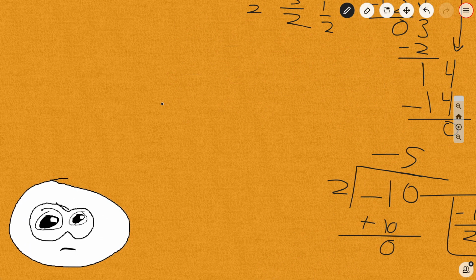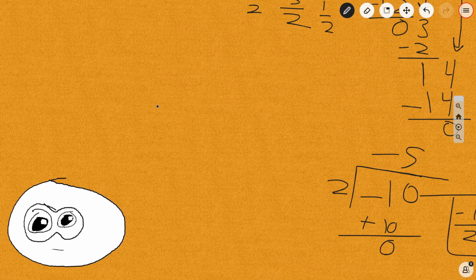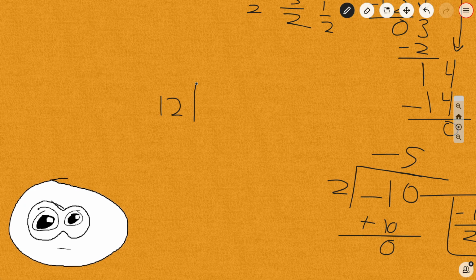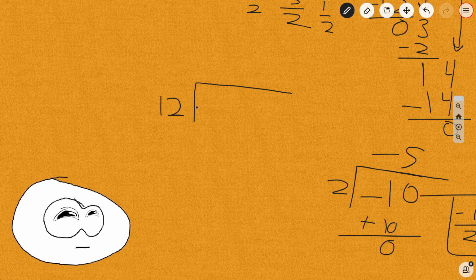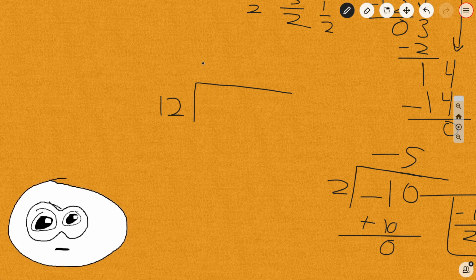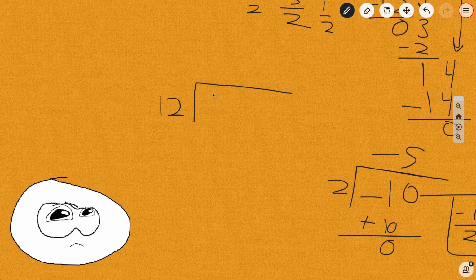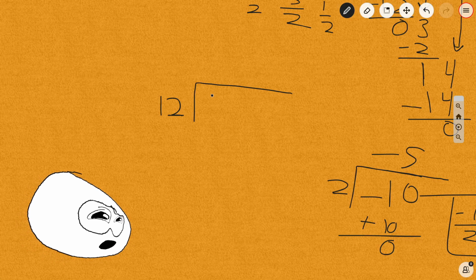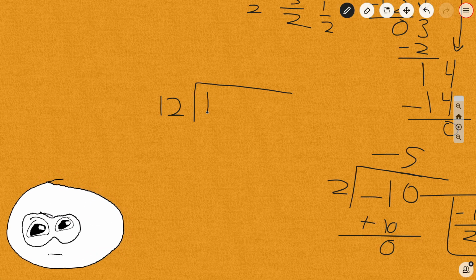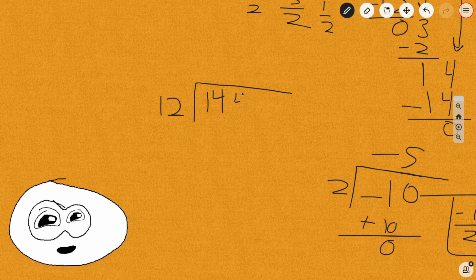What if we do a double digit? 12 divided by... no, not divided by. Something divided by 12. That's how it works. Let's do 144.